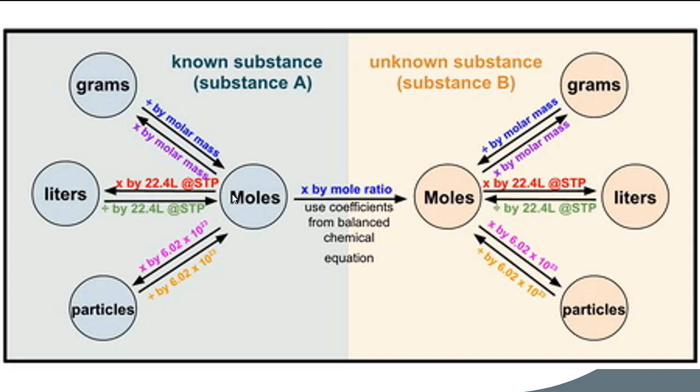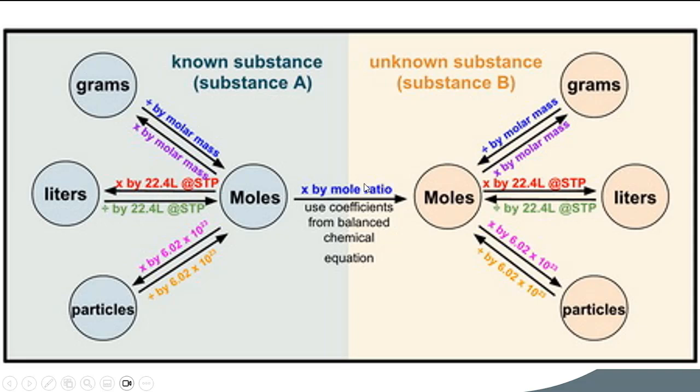But basically, we can start to predict how much of a substance is produced or needed in a chemical reaction using this flow chart. If we are given the known substance in moles, we start here and we multiply by the mole ratio to get the moles of our unknown substance or substance B.